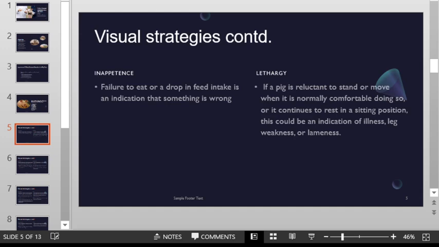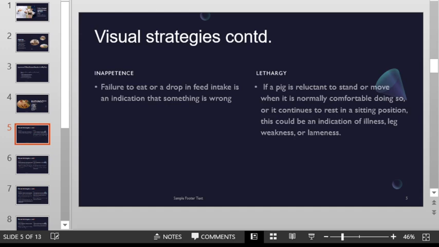So most times, let's say for example you introduce another pig into a different group of pigs, maybe over the night they might have been aggressive towards that pig. The next morning when you get there, you might see that pig in the corner of the pen.